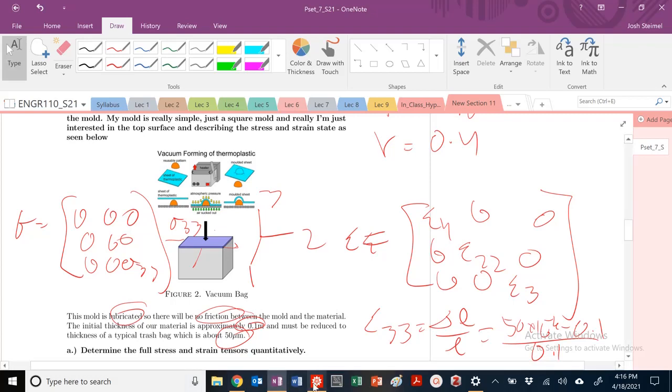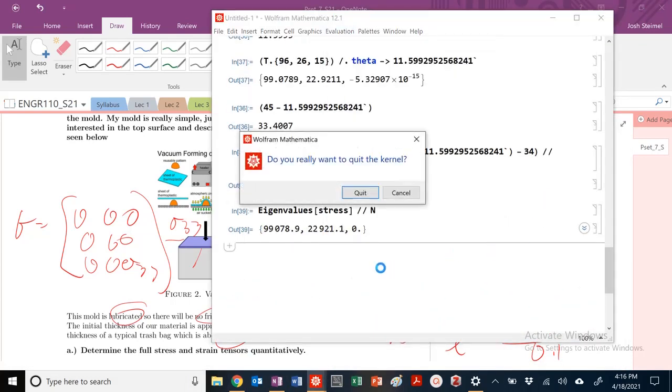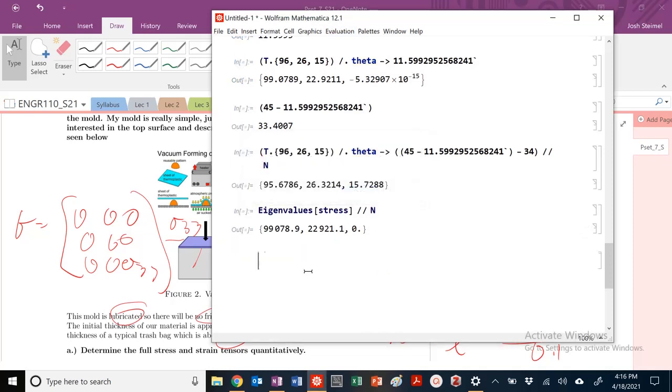So let's go ahead and define some of these things right now. I'm going to quit my kernel, and make a separate section here, problem 6. So Y is equal to 1 times 10 to the 9th. Mu is equal to 0.4.